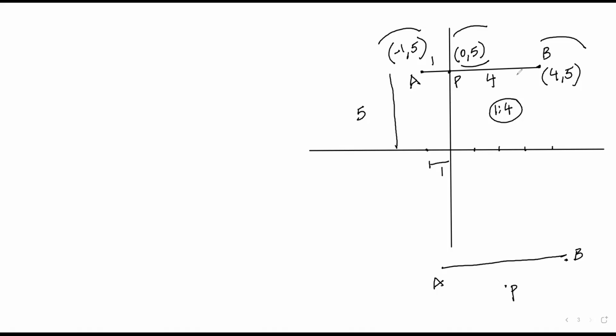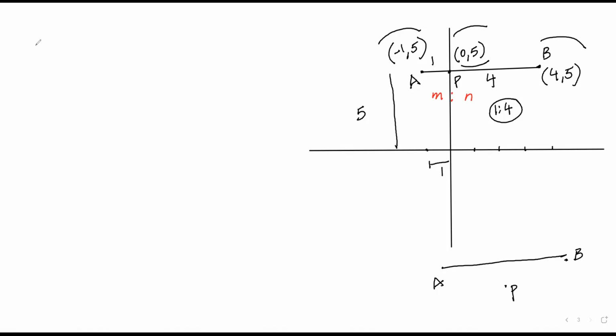Am I right, students? First we will imagine that point P divides the line in the ratio m is to n.